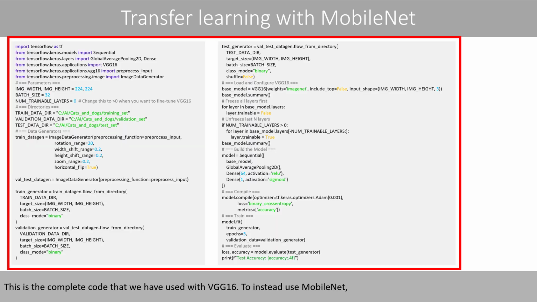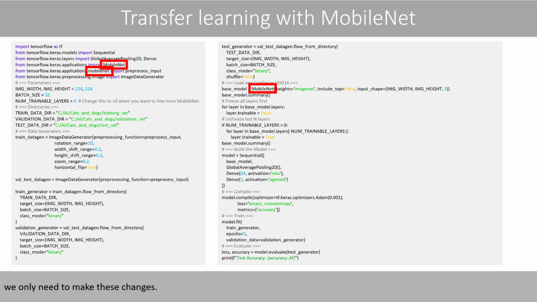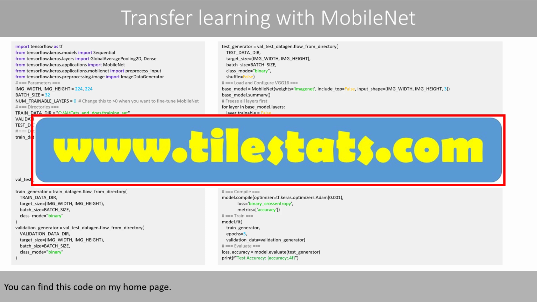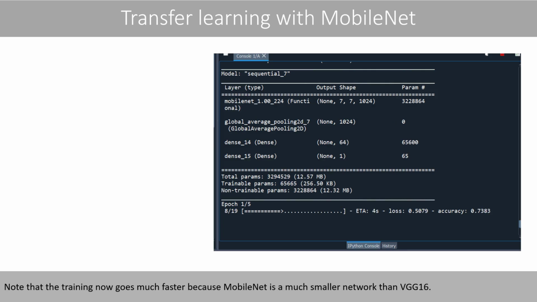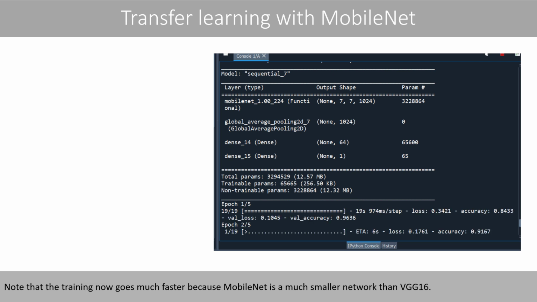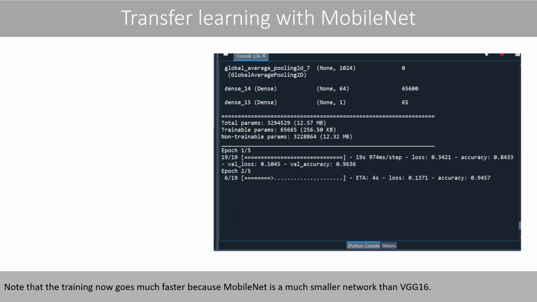This is the complete code that we have used with VGG16. To instead use MobileNet, we only need to make these changes. You can find this code on my homepage. Note that the training now goes much faster because MobileNet is a much smaller network than VGG16.